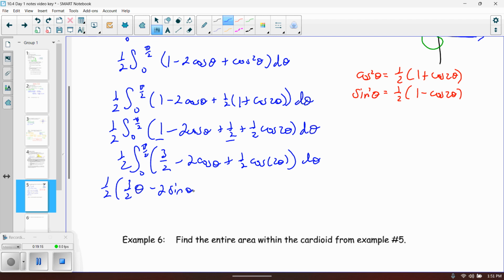Now you could use a u substitution here, but there's a trick that I introduced in the prior videos that says if the composite function, or in this case our angle, is linear, 2 theta is linear in nature, then you just have to multiply the front by the reciprocal of the slope. So 2 theta, the slope would be 2.